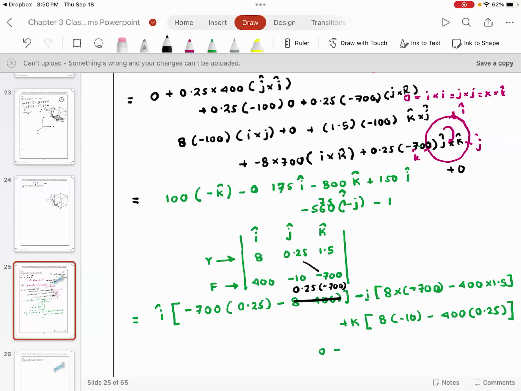So i, and you do a cross product here, j, then you do a cross product here, and k, and then you do 8 times minus 100 minus 400 times 0.25. So this is called the determinant of a matrix.